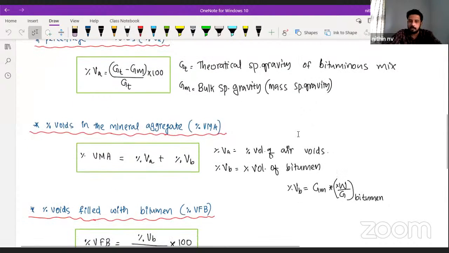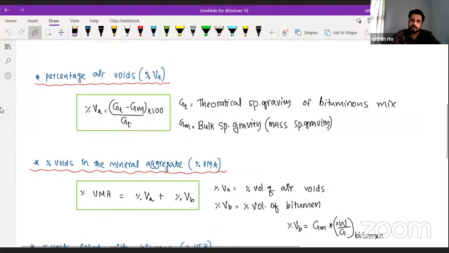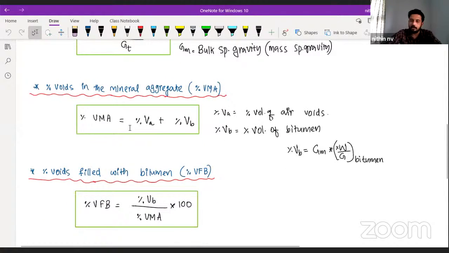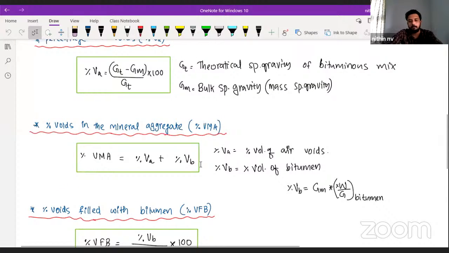Then percentage voids in the mineral aggregate, VMA. This is the total percentage void, which means it can be air void or bitumen. The voids which are filled with bitumen. This is how we calculate percentage VA, which we already calculated in the first step, plus percentage VB. Either they will give the percentage volume of bitumen in the question, or if they are not giving, we have to calculate it like this.